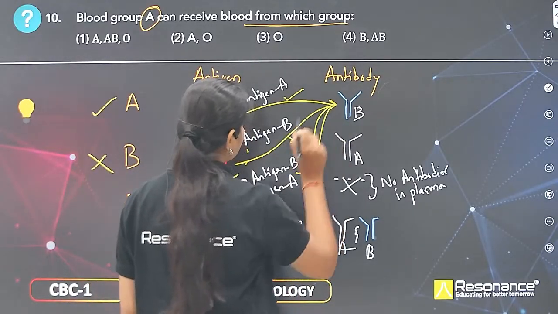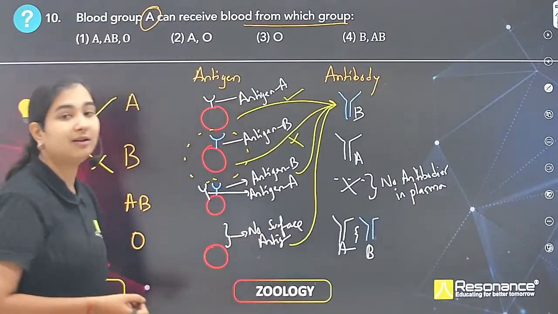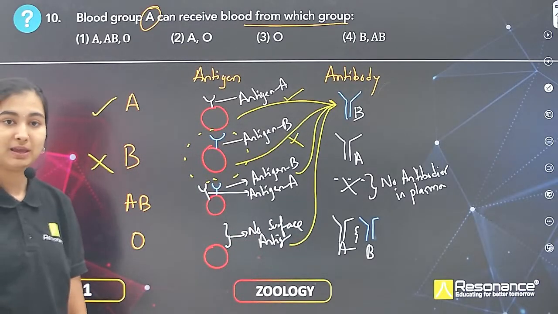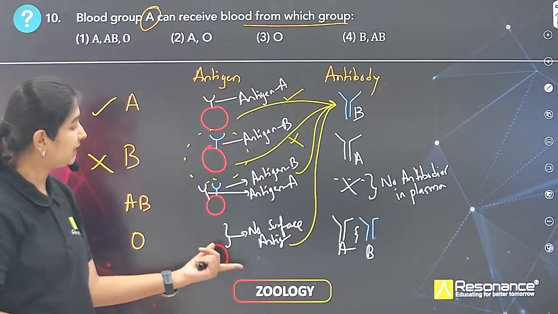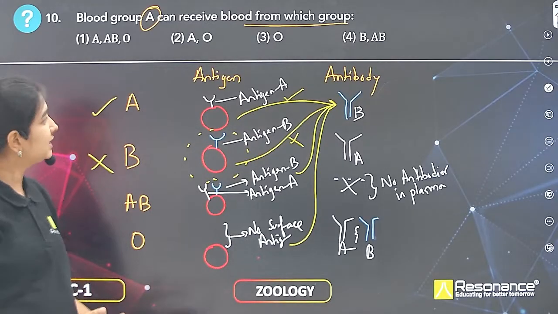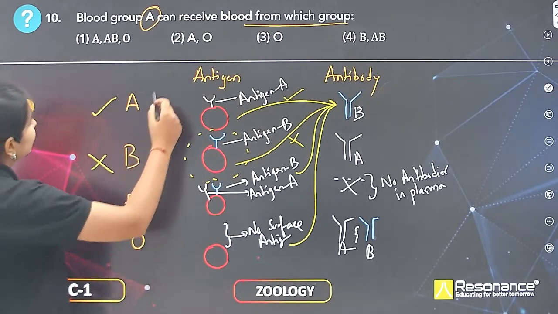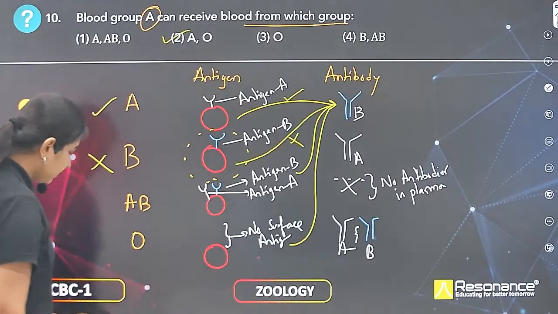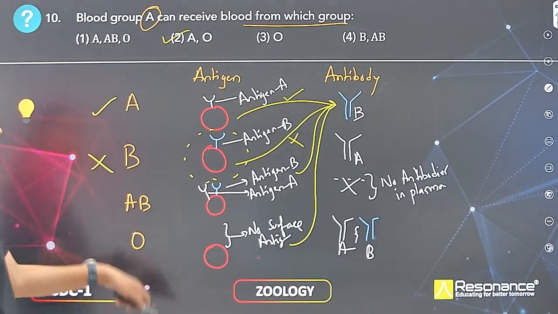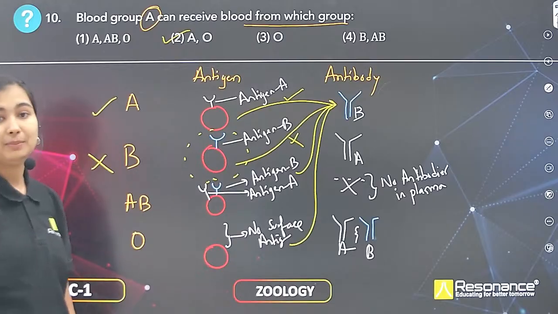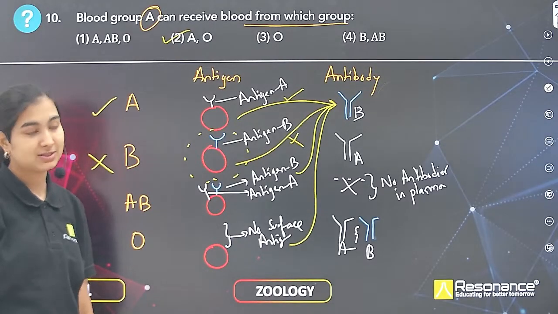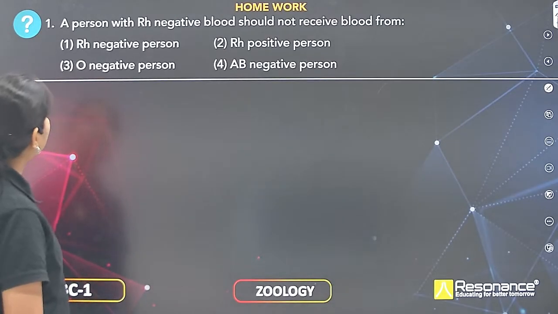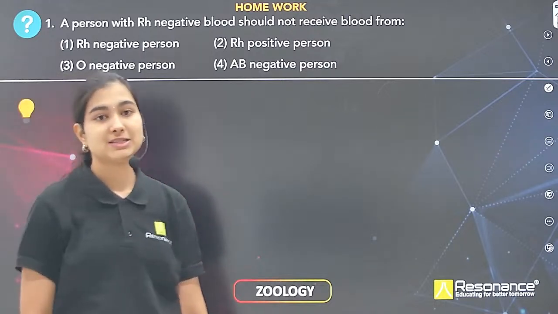If O goes, O is having no surface antigens. So at that time there would be no clumping. So here the answer is A and O. Okay. But A can donate the blood to the AB, that's not a problem, but it cannot receive it from it. Getting it?